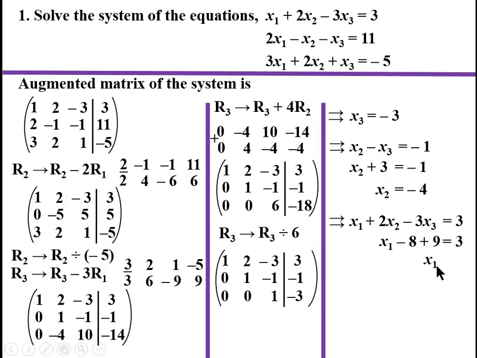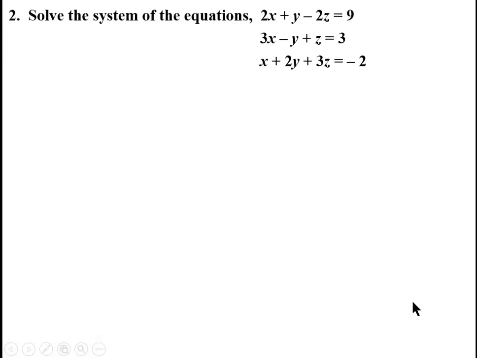So if we solve this equation, negative 8 plus 9 gives 1, so x1 is equal to 2. So with this, we have done justice to the first problem on the Gaussian elimination method of solving systems of linear equations. So we go to the second problem.